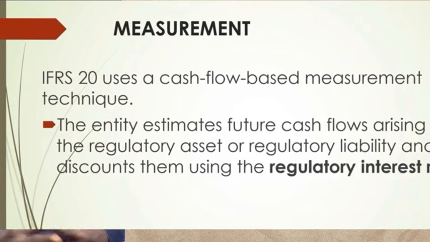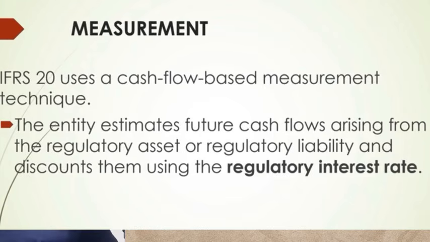IFRS 20 uses a cash flow based measurement technique. It's a cash flow based measurement. So you look at cash inflows and cash outflows. So the entity estimates the future cash flows arising from the regulatory asset or regulatory liability, and then it discounts it using the rate that is agreed between the company and the regulator, which we call the regulatory interest rate. So that is what a regulatory interest rate means.